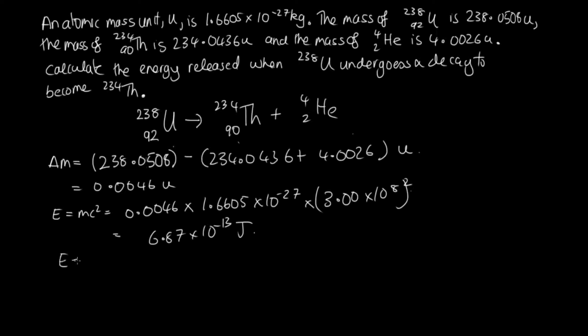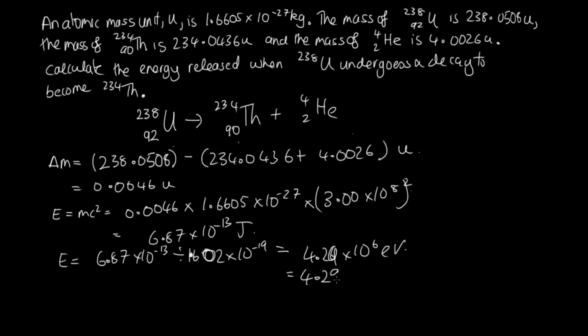So the energy in electron volts we divide by 1.602 times 10 to the minus 19. And that gives us 4.29 times 10 to the 6 electron volts, which is equal to 4.29 mega electron volts. And so that's the amount of energy that is released.